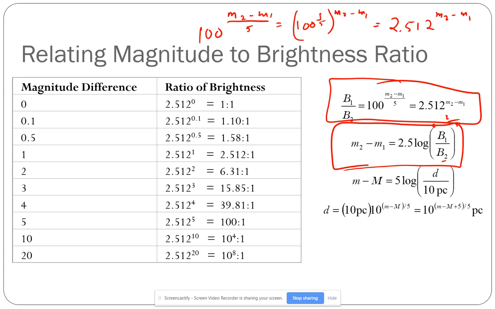So that's what is going on with this equation here. Capital M is the absolute magnitude. Lowercase m is the relative magnitude. And the difference between the absolute magnitude and the relative magnitude has to do with how far you are from the star. So we use the relationship for brightness that we saw previously.